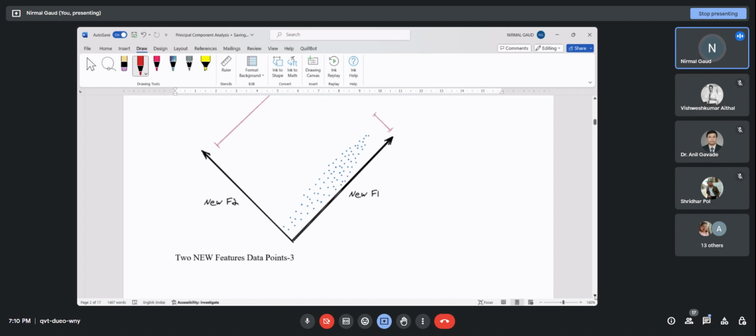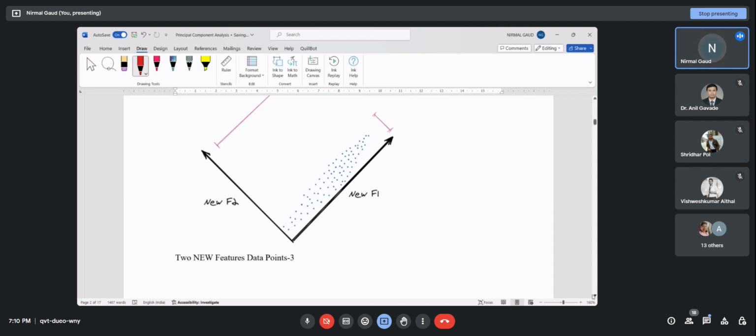Those features which obviously have less variance will have much more reduced variance with these principal components. So I will perform all the analysis over these components. I will reduce the features, drop the features.